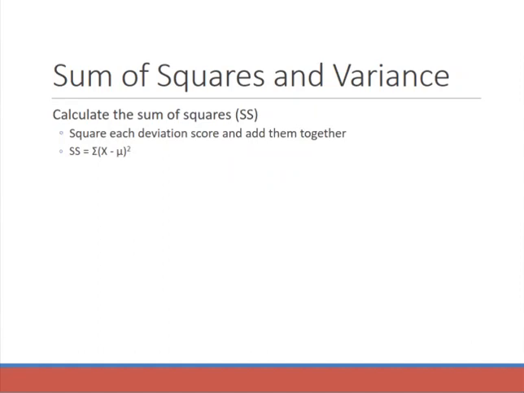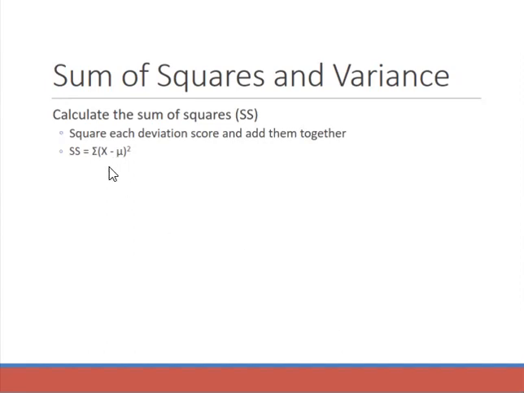In order to get it so that when you add up these distances we don't get 0, to make the negative values go away, what we can do is square them all. This requires the sum of squares. For the sum of squares, we're adding up all the squared deviations.